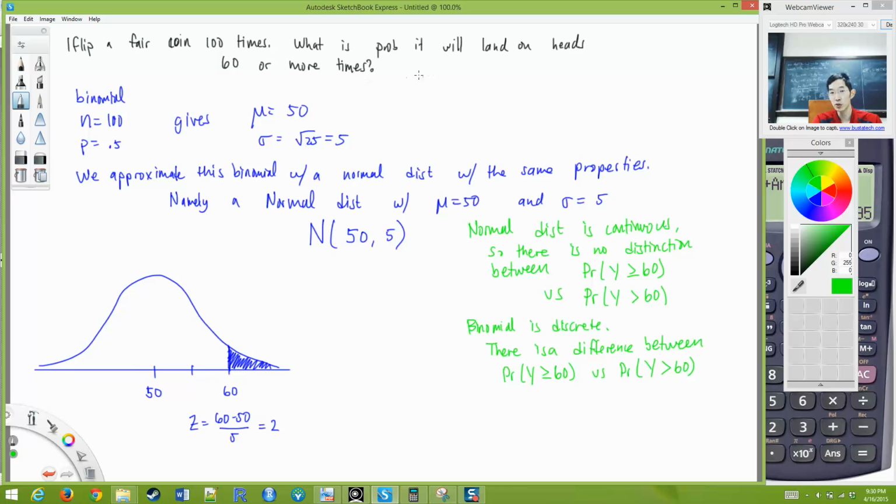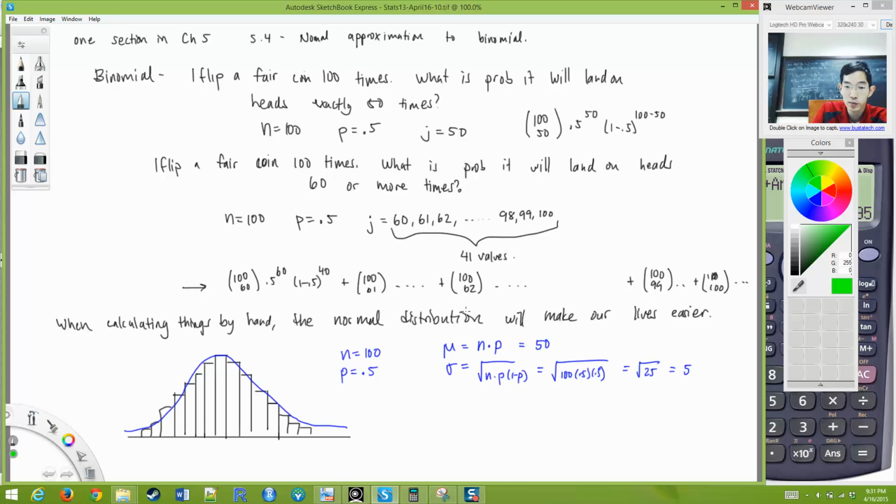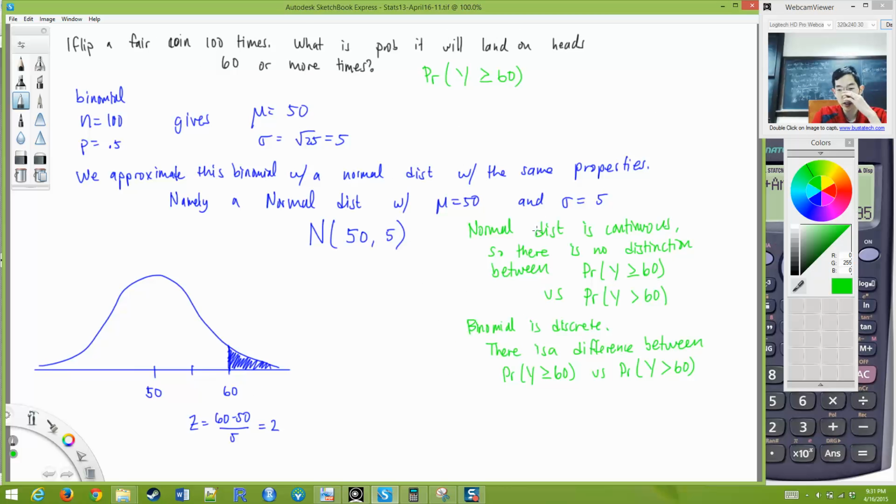That is equal to the probability that y is greater than or equal to 60. Okay? Because if I say what's the probability that y is greater than 60, going back to the previous page, I would not include this first one, right? It would just be 61 through 100 versus 60 through 100. Okay? So to take care of this, we have something called the continuity correction.